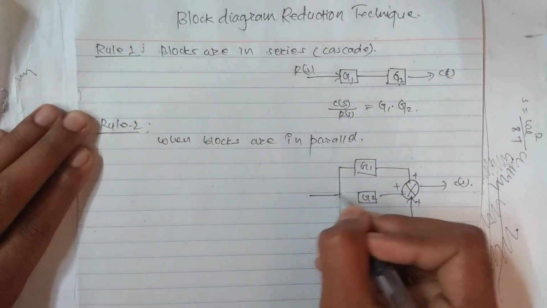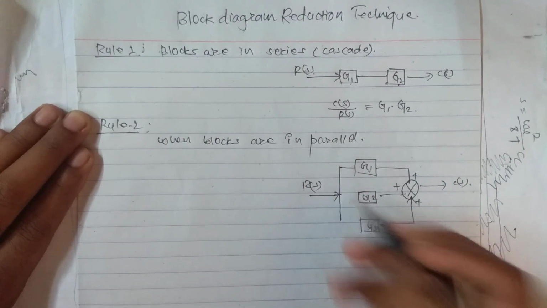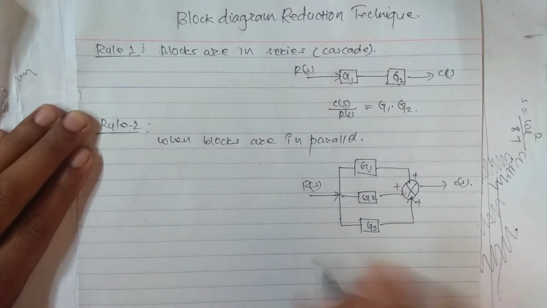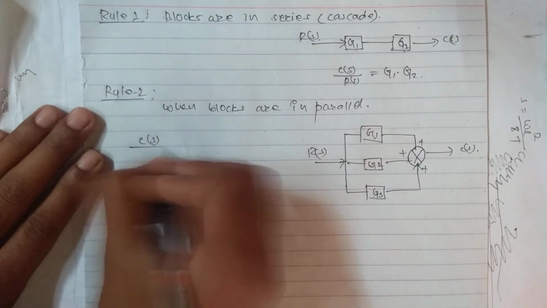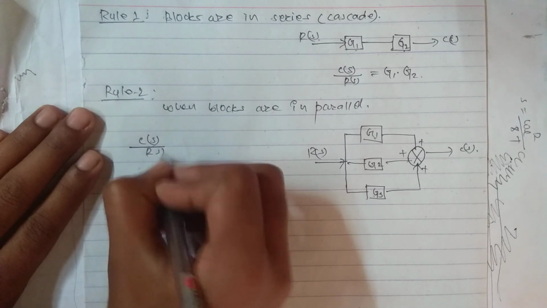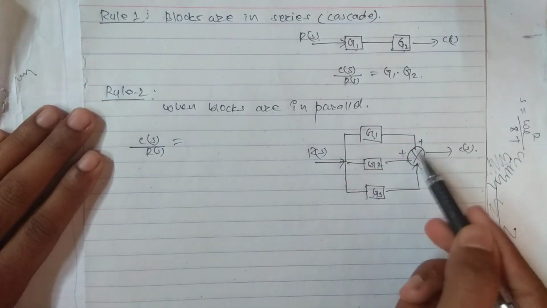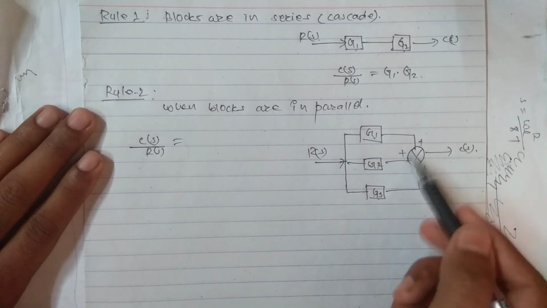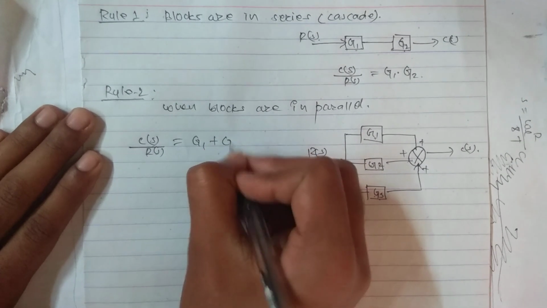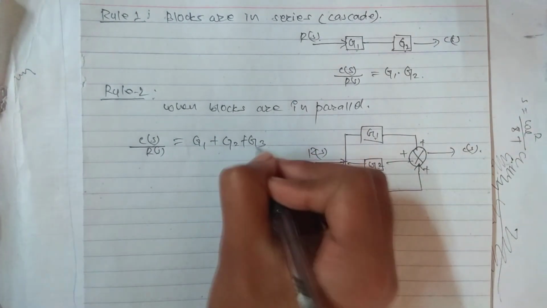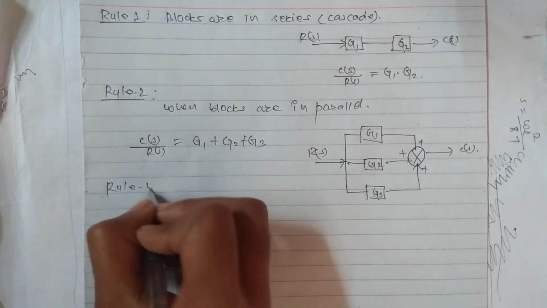So C(S) and R(S). Here G1, G2 and G3, these three are in parallel. So our required transfer function will be, since here we have the summing point and all are positive, G1 plus G2 plus G3.